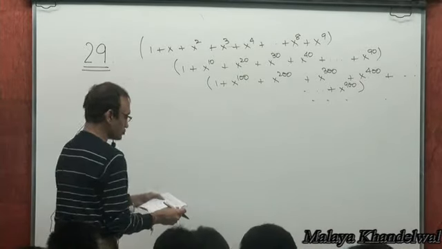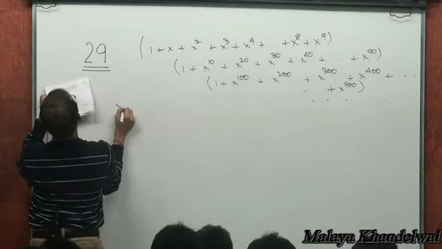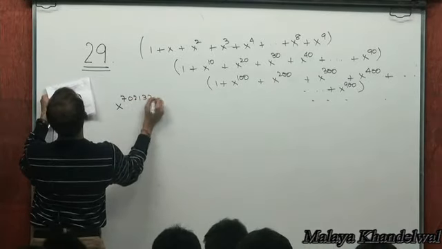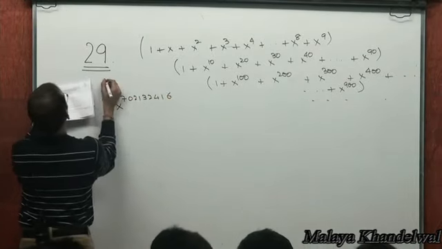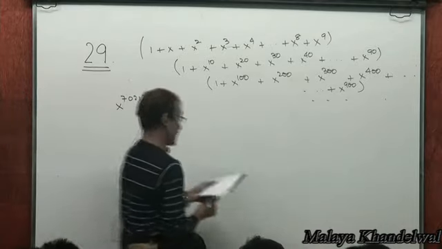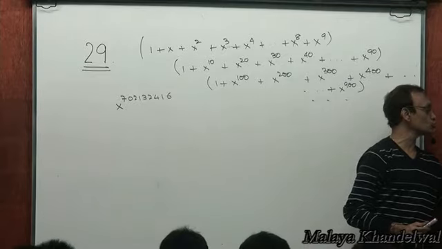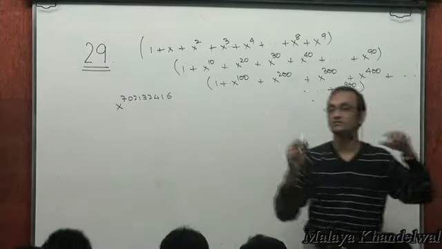When I multiply it out, I'm seeking the coefficient of x to the power 702132416. I'm seeking the coefficient of x to the power 702132416.